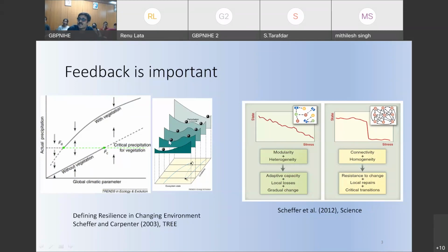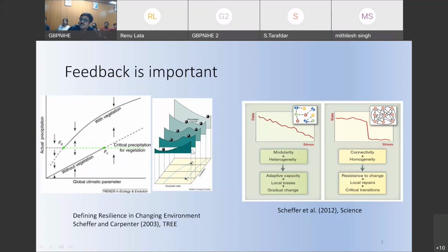If the system is further changed, it can still come back, but it needs even more effort, and after that it cannot really come back. Its new stable condition will be like this. So that is what a tipping point is. You are crossing the change and the stability condition of the system gets changed.